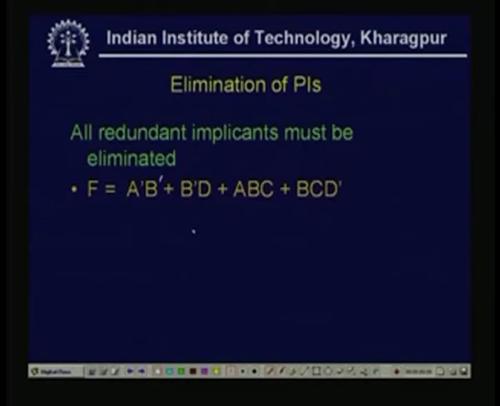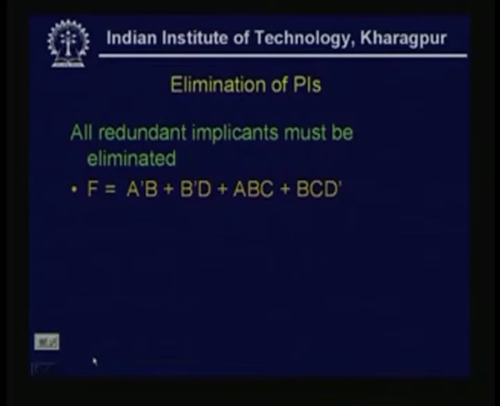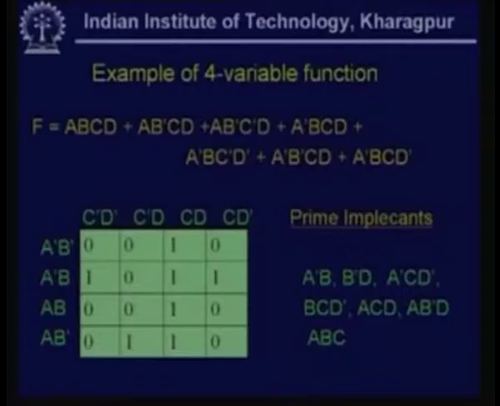So, elimination of all, actually we have eliminated some of the implicants. Only we have considered 4 prime implicants out of these 7. So, 3 are redundant. So, normally we follow this rule.